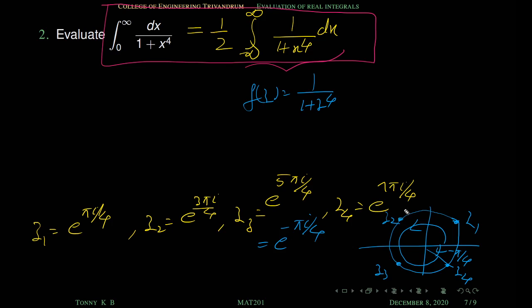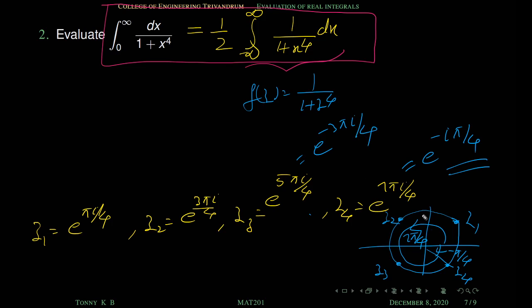Similarly, this argument is 7 pi by 4, so this portion is minus pi by 4. So we can write this as e raised to minus i pi by 4. Similarly, we can write this as e raised to minus 3 pi i by 4, because if this argument is 5 pi by 4, then this portion is 3 pi by 4.